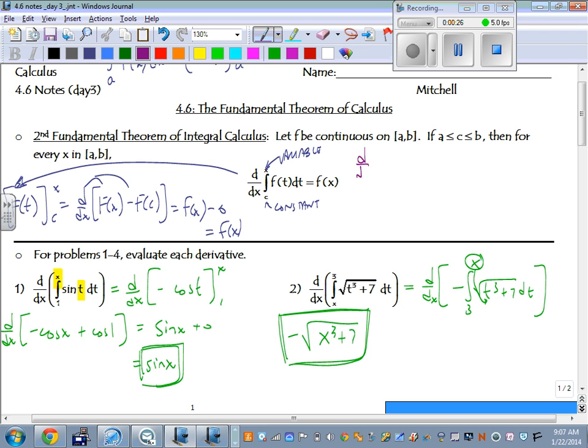If we take the derivative with respect to x, the definite integral from c to u of f of t dt. So this u equals something in terms of x.